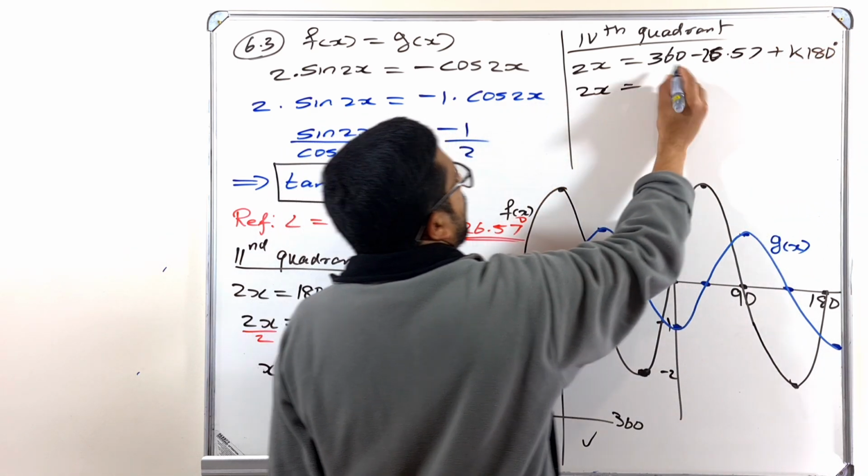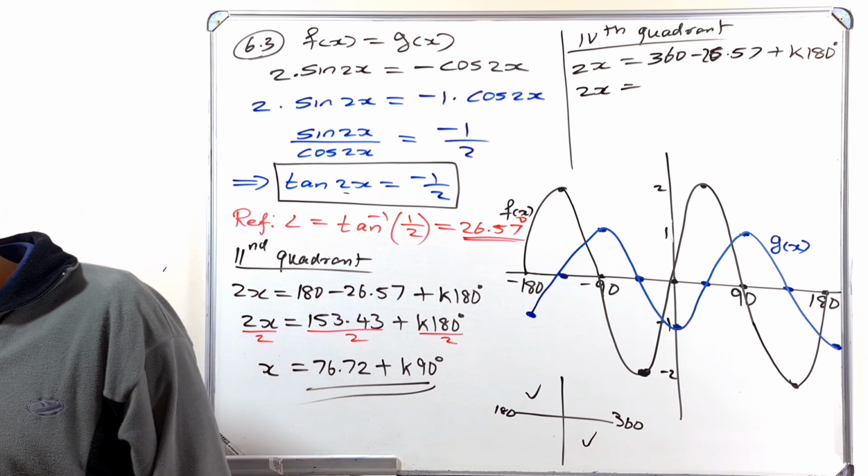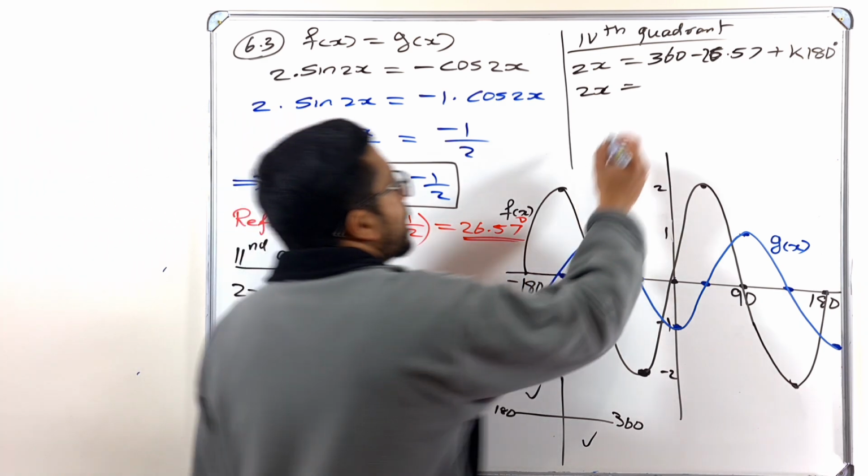So 2x is equal to 360 minus 26.57. What is the answer? 166.72?